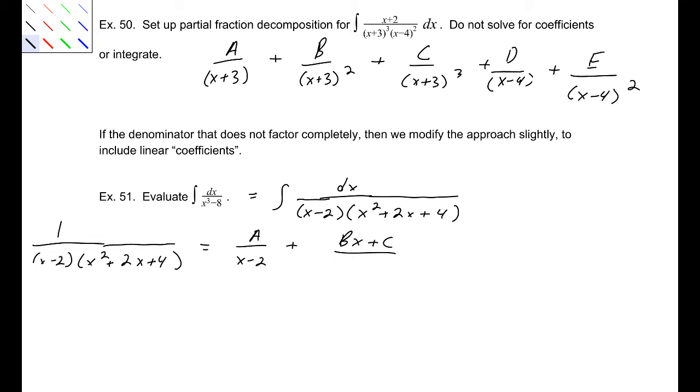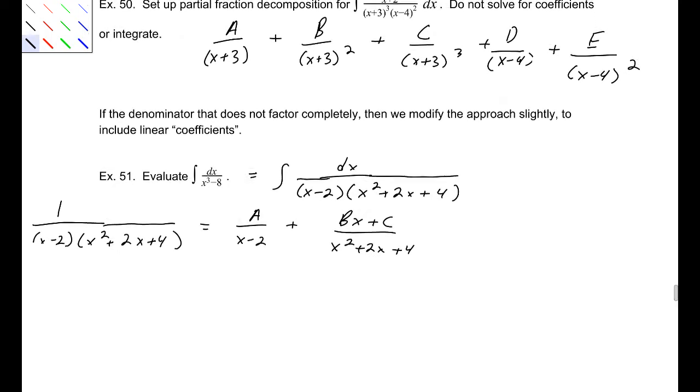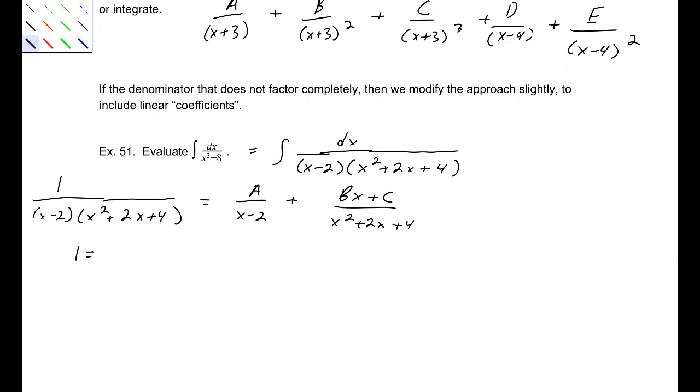This is where the linear coefficient comes in. Clearing those fractions, we get 1 equals A times x squared plus 2x plus 4 plus Bx plus C times x minus 2.